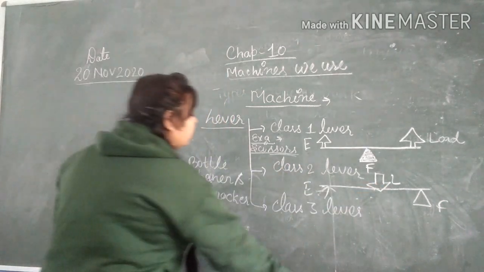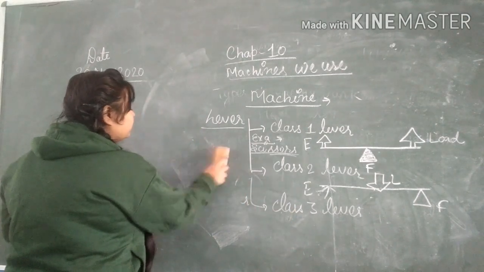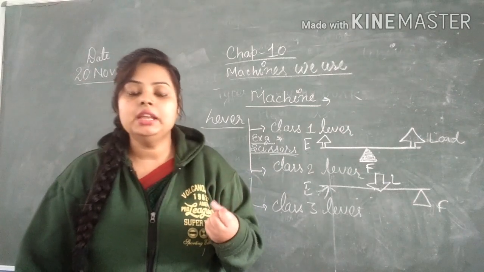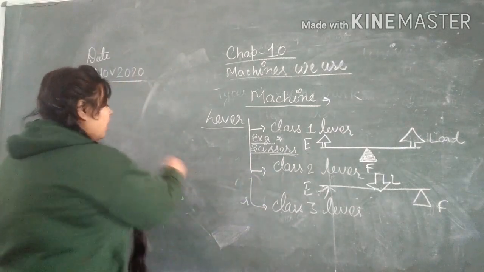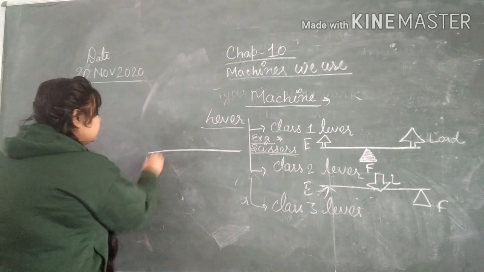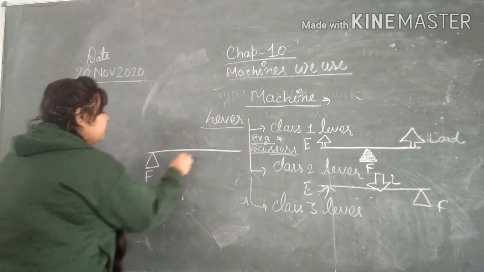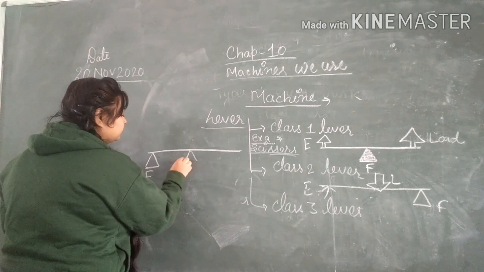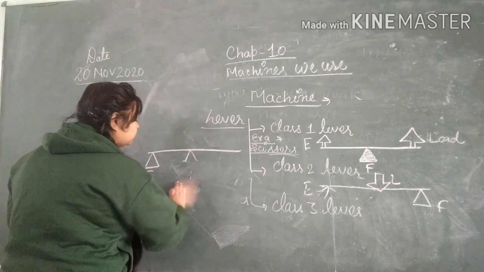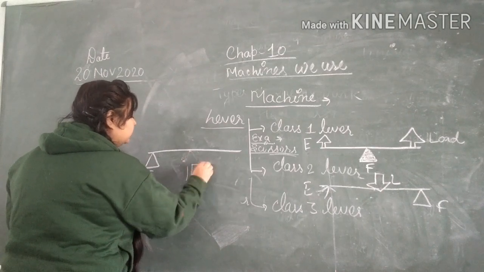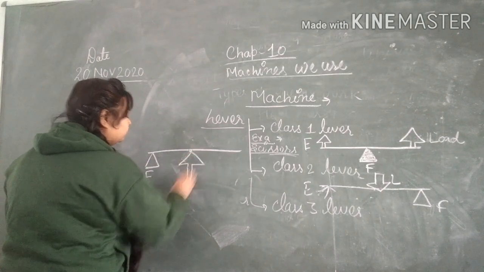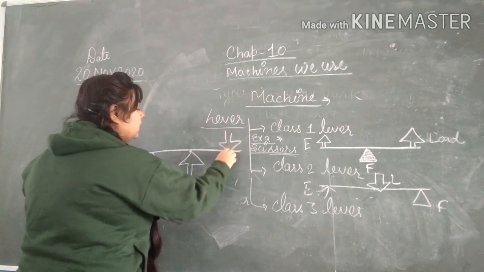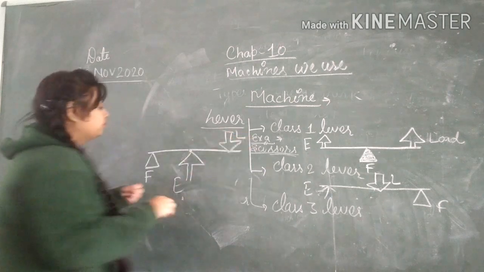Now moving on to the third class lever. In a third class lever, the effort is in the middle part, and this one is a fulcrum, this is the effort and this is a load.